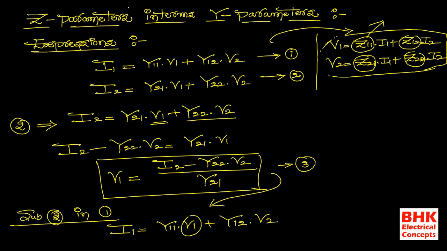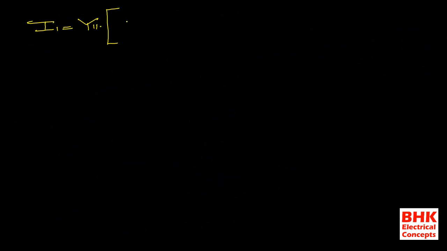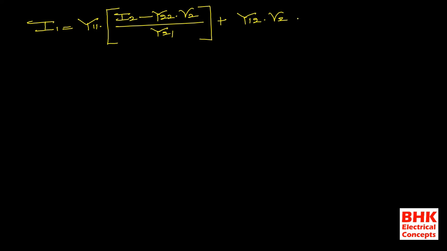By substituting, we can write I1 is equal to Y11 into, instead of V1, we have expression 3, I2 minus Y22 V2 divided by Y21, plus the remaining term Y12 into V2. This is the expression of I1.